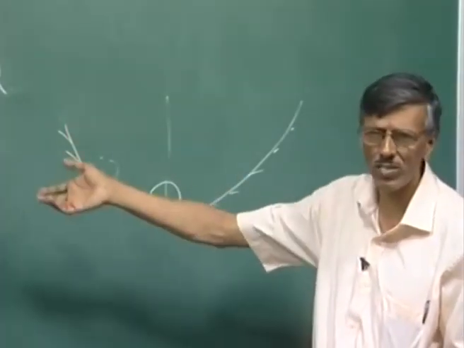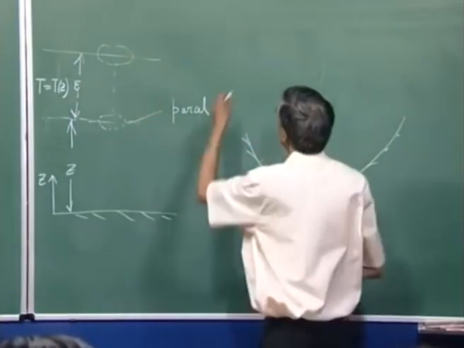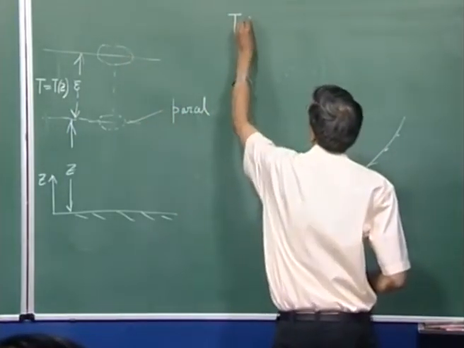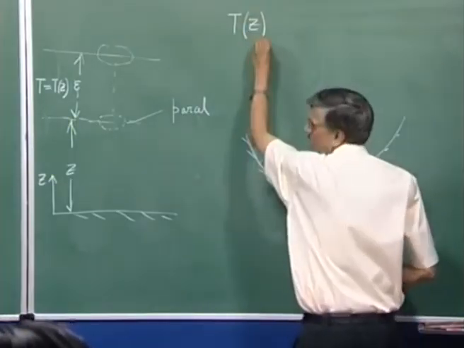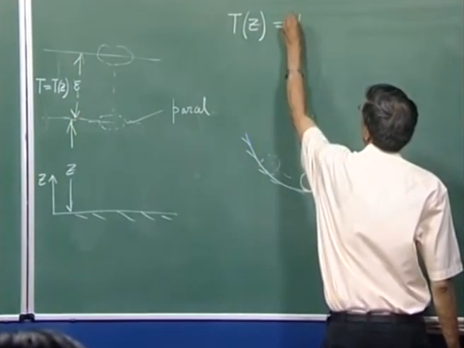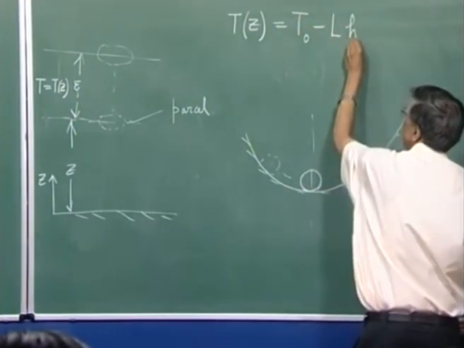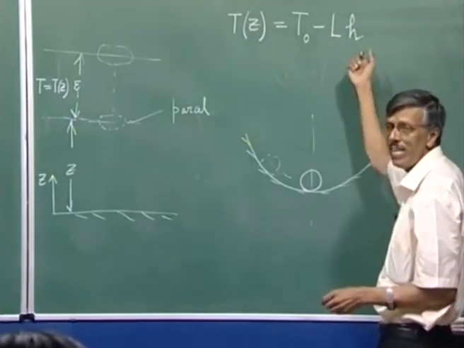We can do a similar study actually, if I disturb it from here to here, and let us say I call the variation of temperature as given by T0 minus L times h, that is, it is linearly falling.